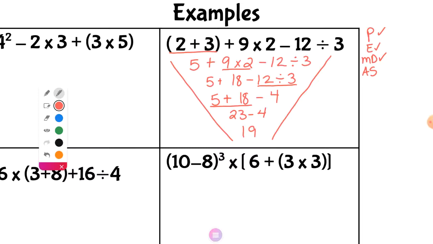Like with the 2 plus 3, we didn't add 2 plus 3 equals 5. We just wrote down 5. Okay, so when we get what's in parentheses to a single number, completely simplified, that's when we get rid of the parentheses.